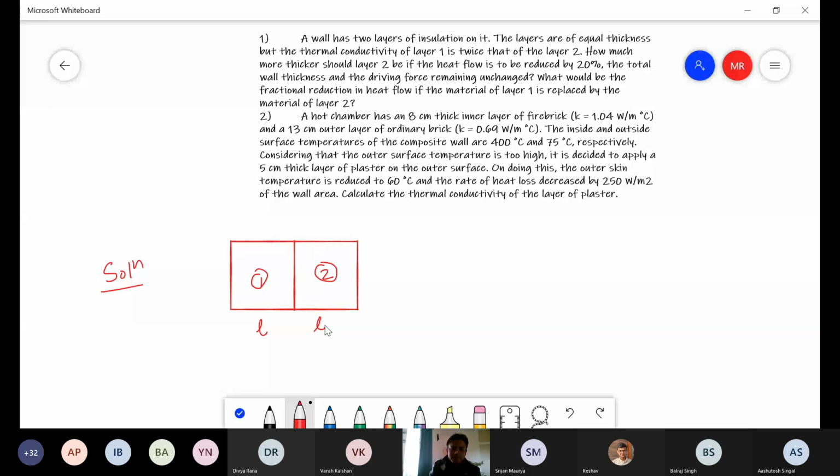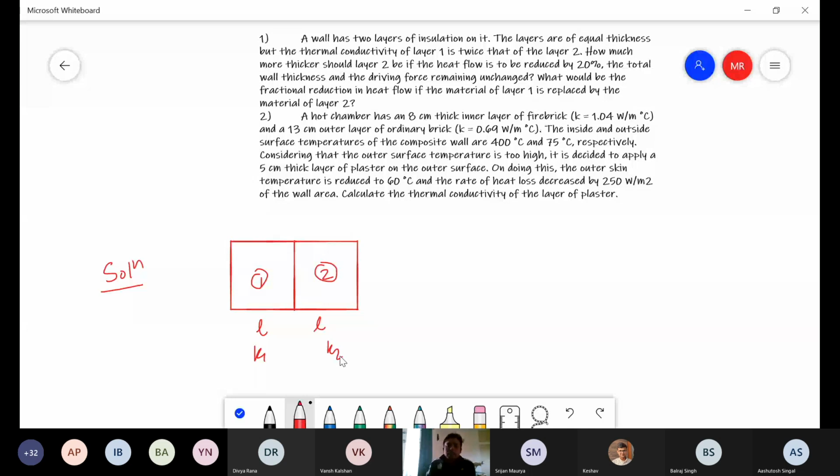And this is, let's say, K1 and this is K2. What is being given is how much thicker should layer 2 be if the heat flow is to be reduced by 20%.